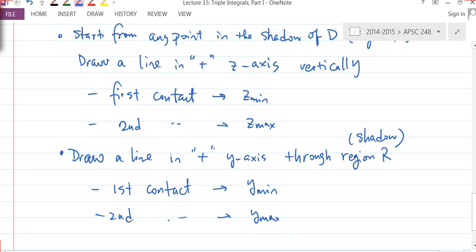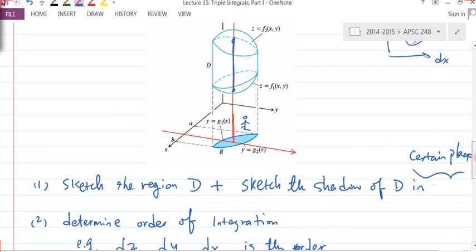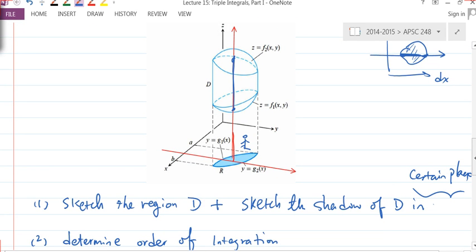All right? So let's come back here. Let's visualize what happens when we're doing this sweeping in the positive y-axis. Remember, in the first step you end up with this line segment.